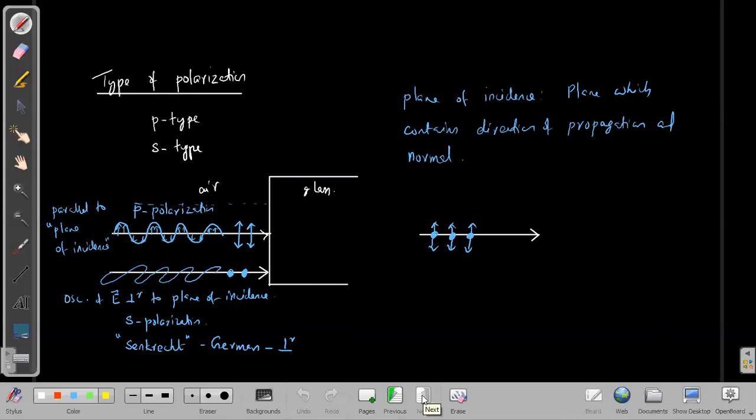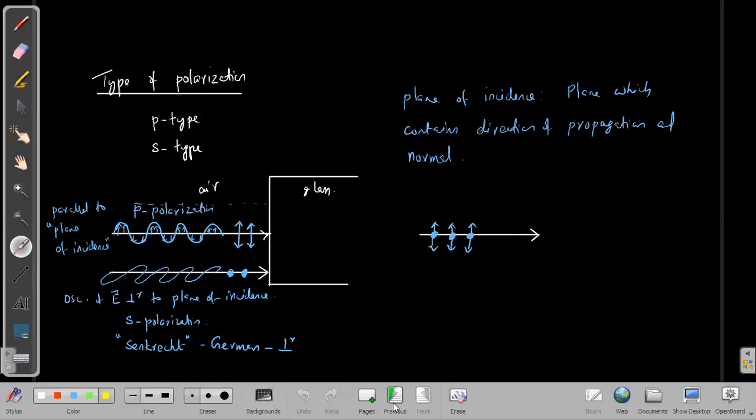If the plane of vibration is perpendicular to the plane of incidence, then it is called an s-polarized wave. And an unpolarized wave will have both. The p-polarized wave will be represented by a double-sided arrow, and the s-polarized wave by a thick dot. So an unpolarized wave will be represented in this way.